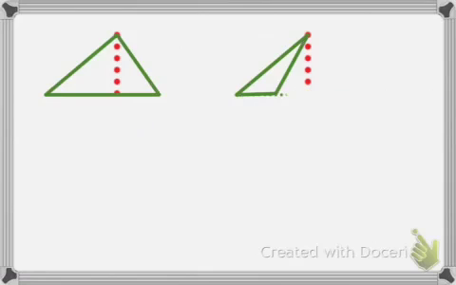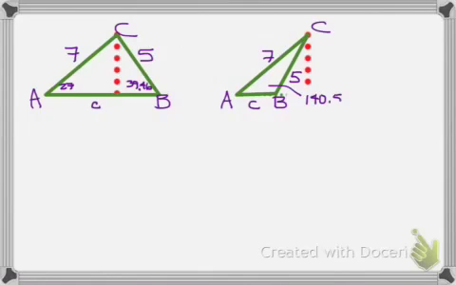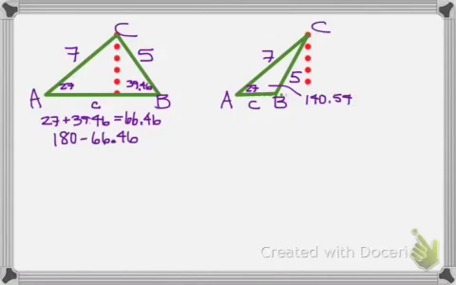We're not quite done yet because we have our two triangles, and for each we have 2 of the angles and 2 of the sides, so we need our last angle and our last side. The angle is pretty easy to figure out because you just add the 2 angles together and subtract them from 180.